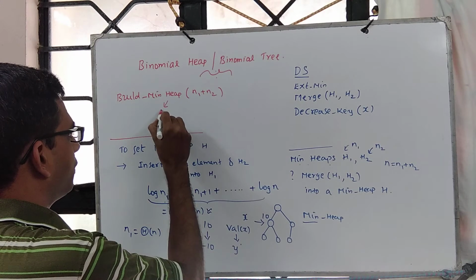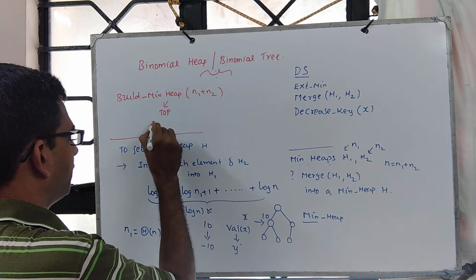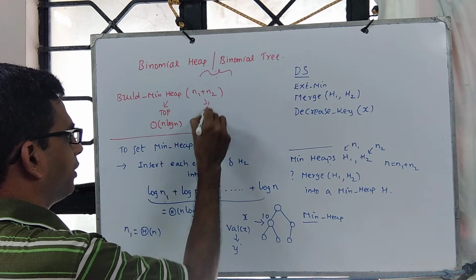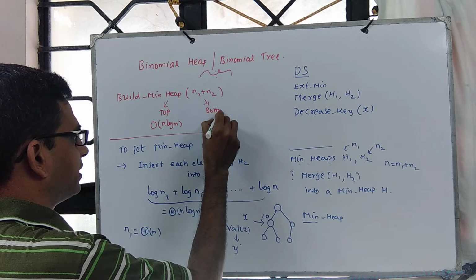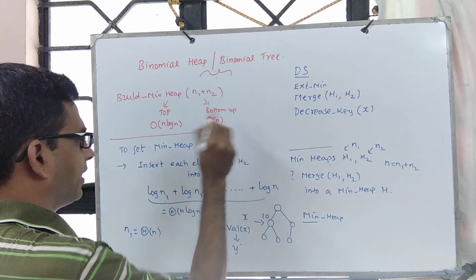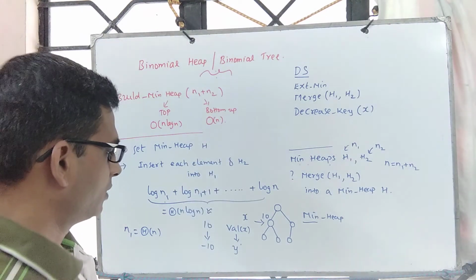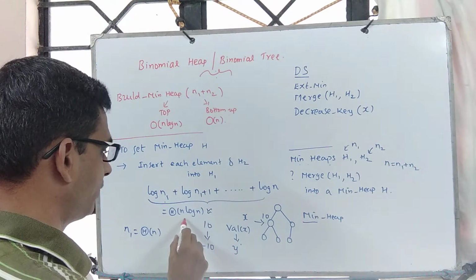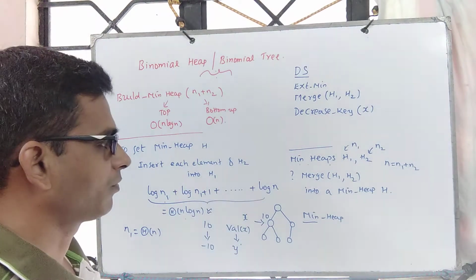So you follow top-down design, you get order n log n, or you follow bottom-up design, we get order n time. So you see that this approach is efficient compared to this approach.